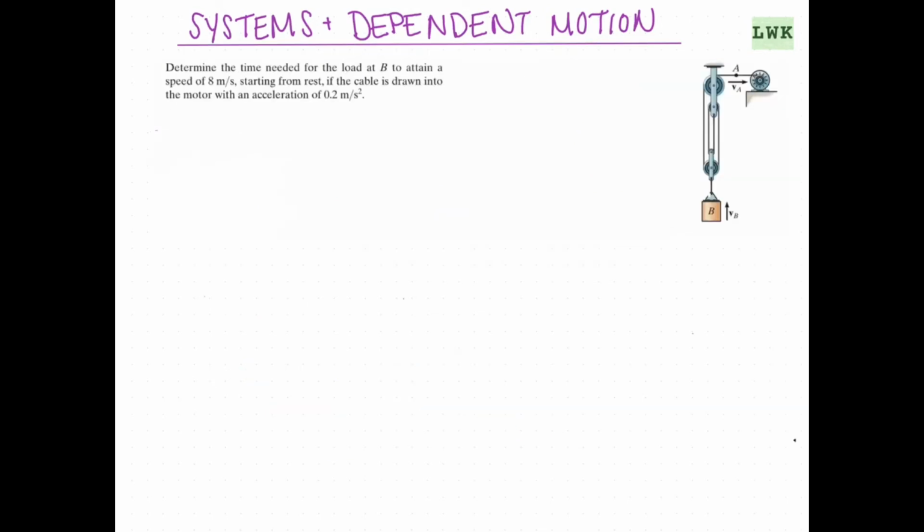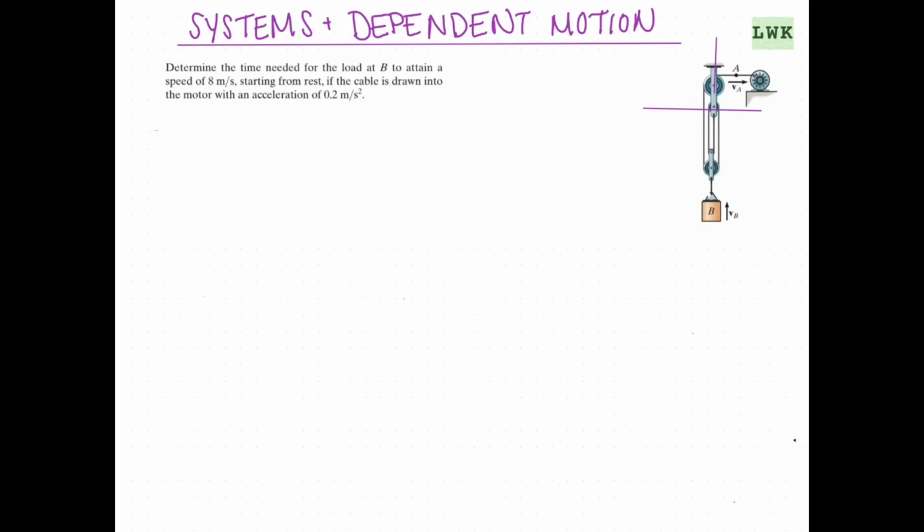In this problem, we want to find the time needed for the loaded bee to attain a speed of 8 meters per second starting from rest if the cable is drawn into the motor with an acceleration of 0.2 meters per second squared. We're going to take two datums because we have a horizontal and a vertical motion. We can draw our first datum here and our second datum here.